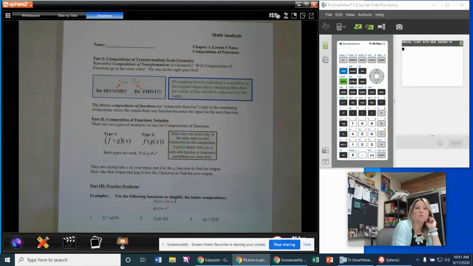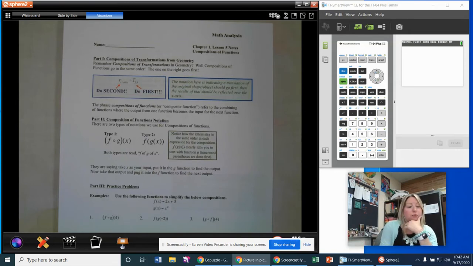So today we're going to talk about compositions of functions. I started by reaching back to geometry and thinking about transformations in compositions with geometry, and that notation was all about rotating, translating, so sliding, or reflecting.